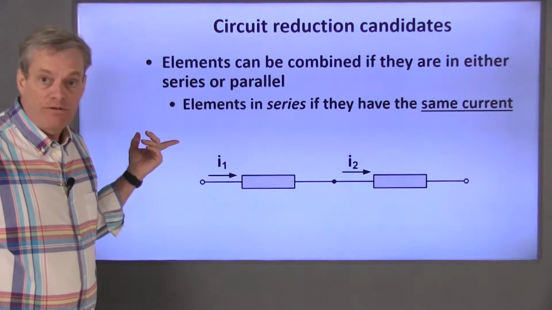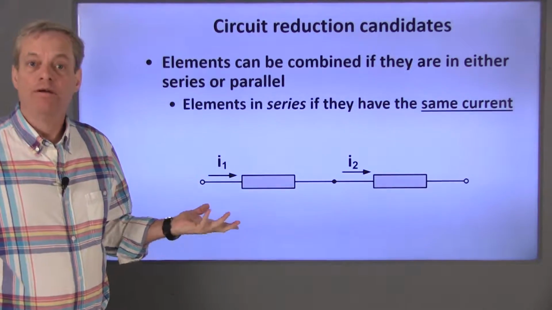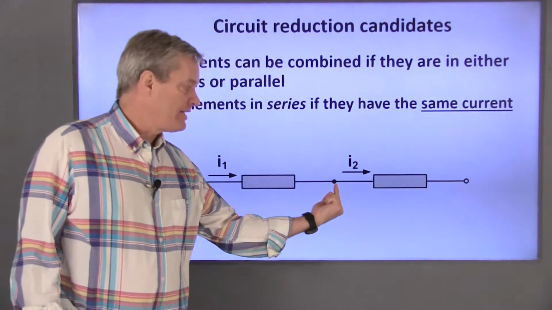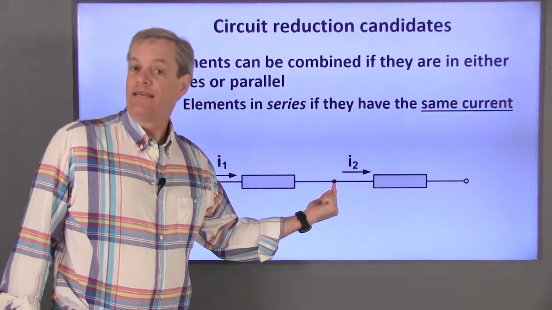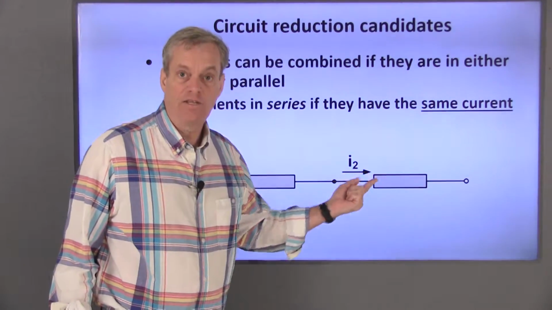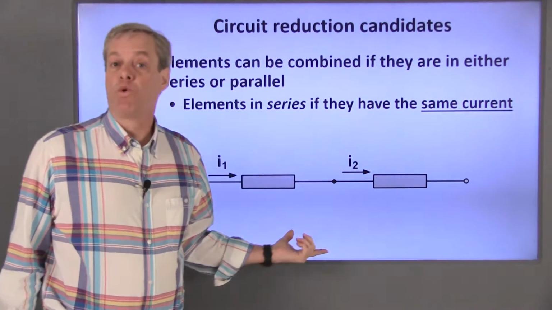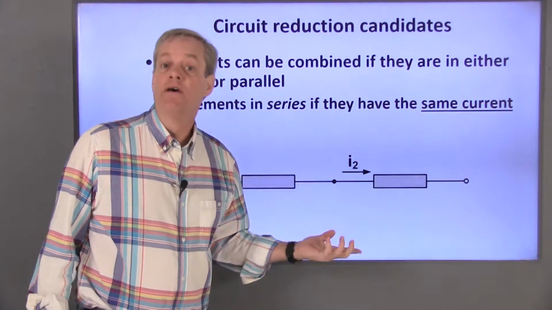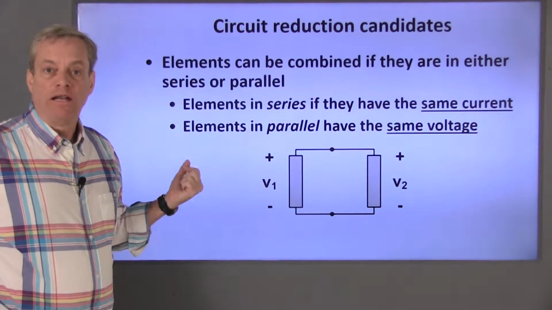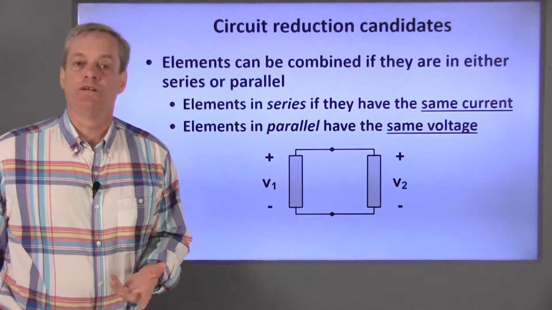Circuit elements are in series if they share the same current. So if I have two and only two elements connected at a single node, KCL at this node will tell me that these currents, I1 and I2, are the same. If I have more than two elements connected at this node, they won't be in series. Circuit elements are in parallel if they share the same voltage difference.